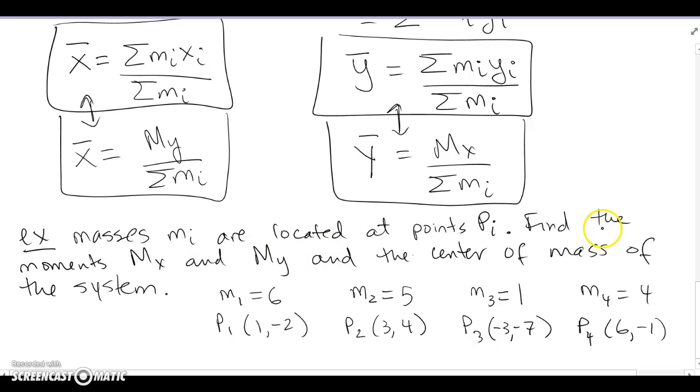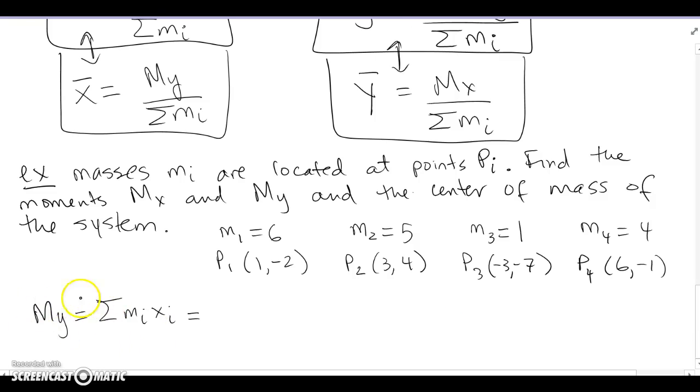Here we have a system that has 4 masses, and each of the masses is located at these locations on your coordinate system. We're going to find M sub x and M sub y, the moments, and then also find the center of mass for this system. So again, the moment about the y-axis is really the mass times the distance from the y-axis, which is really the x-coordinate of each of the points.